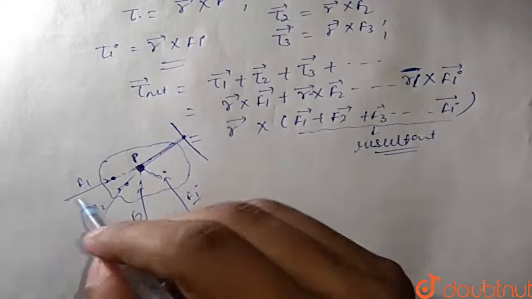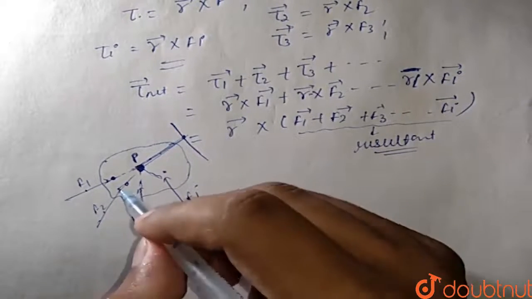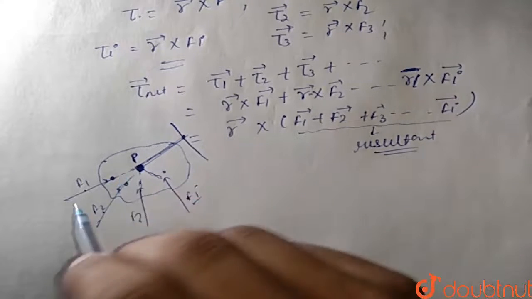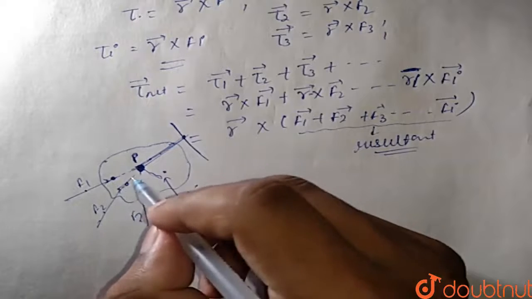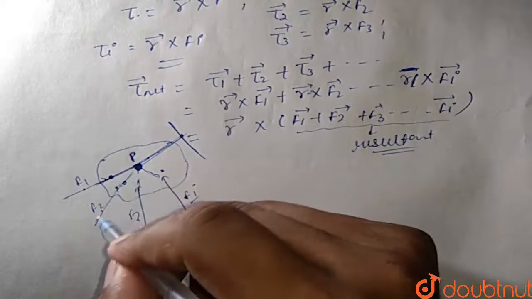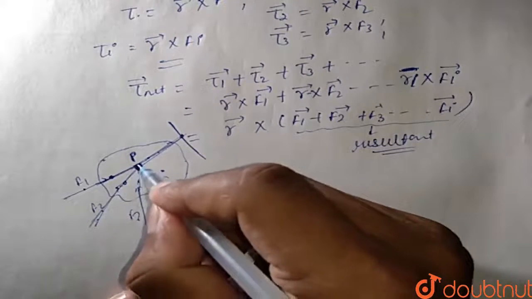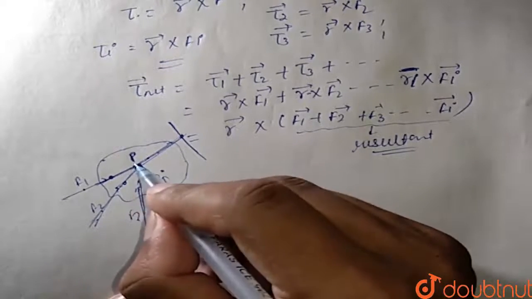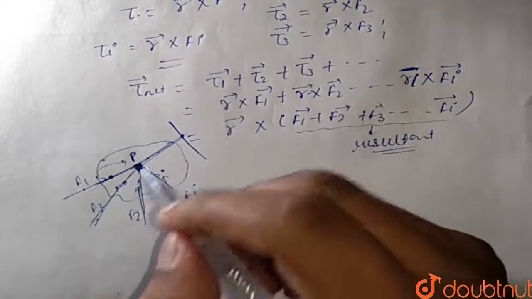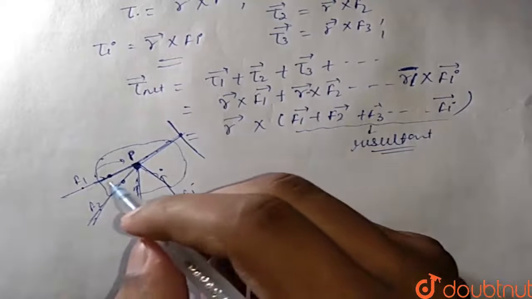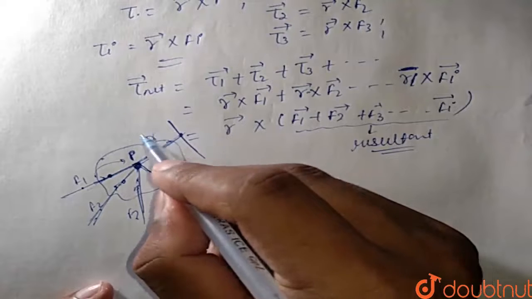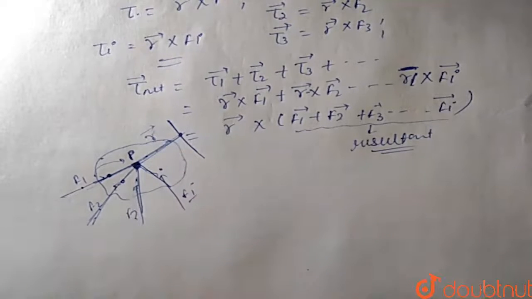Now if these forces are acting on different particles but their lines of force meet at the same point, then we can shift these lines of force till this point P, and then we can assume that all forces are acting on the point P. And that's why the R vector for all the forces will be the same.